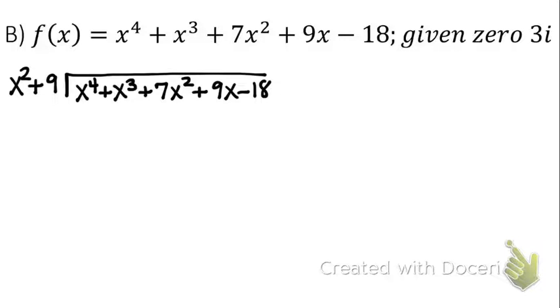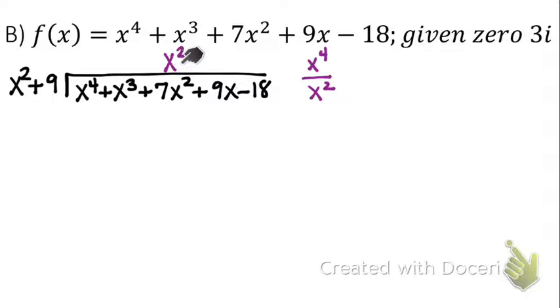So your first step is going to be to divide your first terms, which would be x to the 4th divided by x squared. What is x to the 4th divided by x squared? So I'm going to put that right here. And I'm just lining it up with the x squared, but you could put it anywhere. But I just like my exponents to be lined up. So I'll put my x squared here.